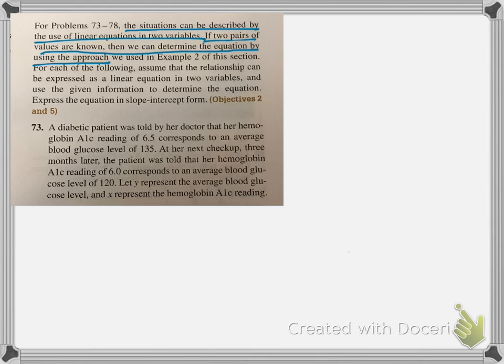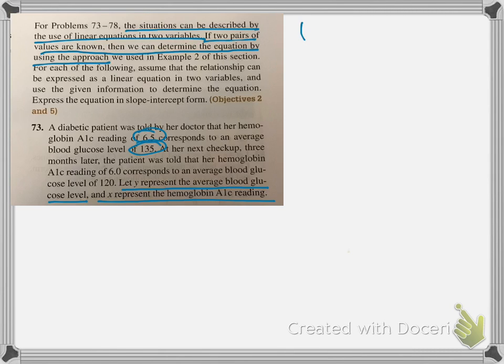So this is important right here. We are told, let Y represent the average blood glucose level, and X represent the hemoglobin A1C. So here is a relationship right here. What is the X value of that relationship? Is it 6.5 or 135? Oh, 6.5. It is 6.5.